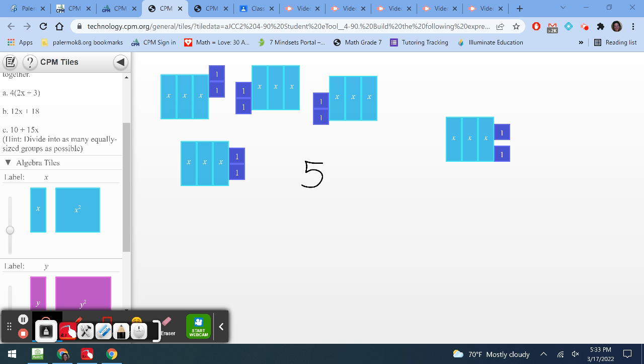So we have 5 groups. What's in each group? Remember, that's what the parentheses are. That tells me what's in each group. So I have 3x's plus 2 1's. And so that's what you should have written. Make sure you write it down on problem 90, Charlie.